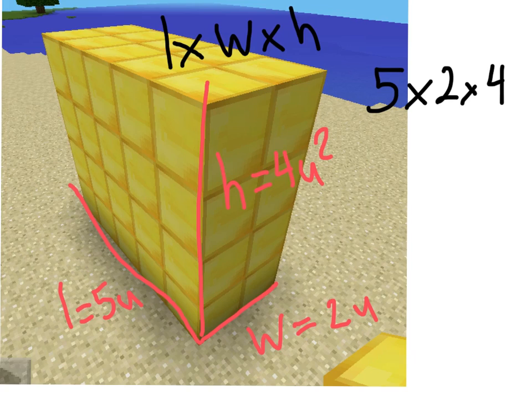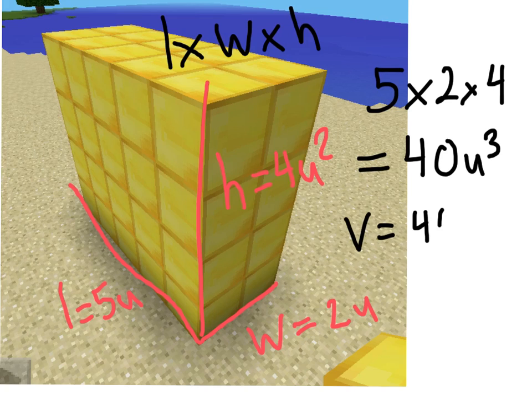So our calculation would be 5 multiplied by 2 multiplied by 4. 5 multiplied by 2 is 10, and 10 multiplied by 4 is 40. So our final answer would be 40 cubic units. Volume equals 40 cubic units.